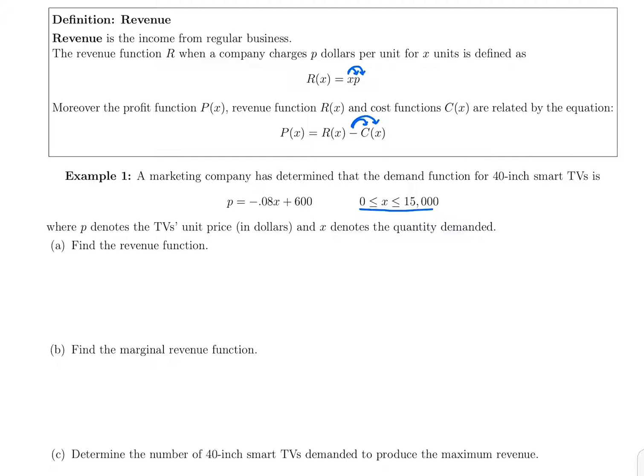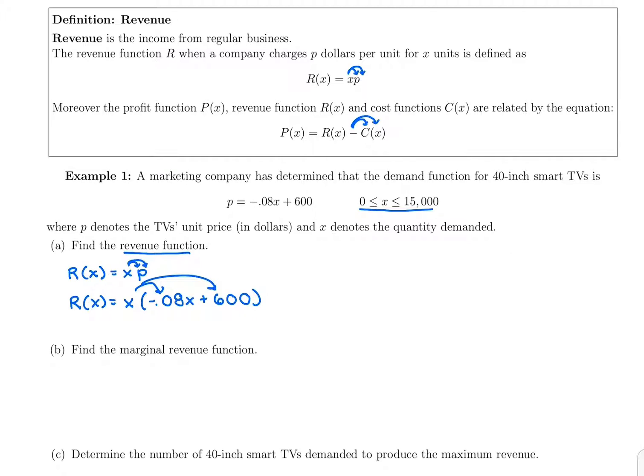So for the revenue function, the first thing we're going to find, we just need to be able to plug into our formula. So revenue is always X times P, the number of things you sell, times the price you sell them for. And I like to write it with those arrows so that we remember to distribute. So for this revenue function, it's going to be X times our P, which is negative 0.08x plus 600.